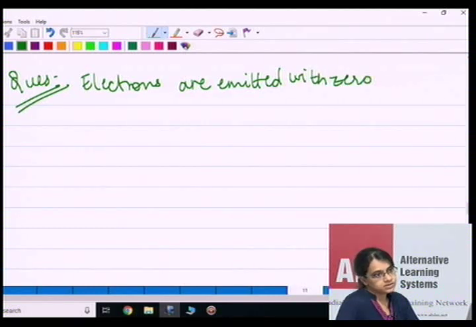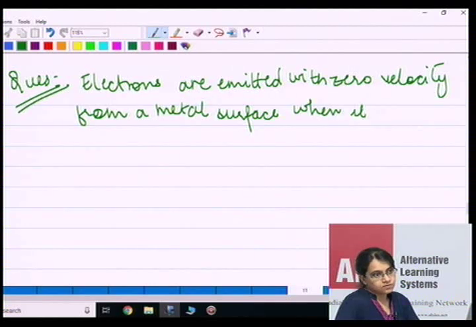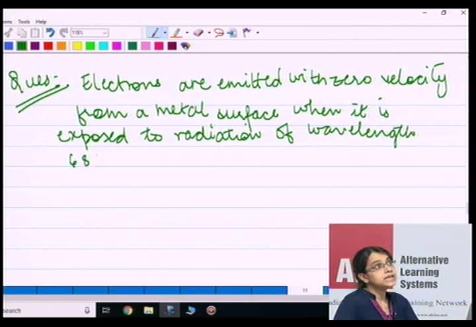Electrons are emitted with zero velocity from a metal surface when it is exposed to radiation of wavelength 6800 angstrom.